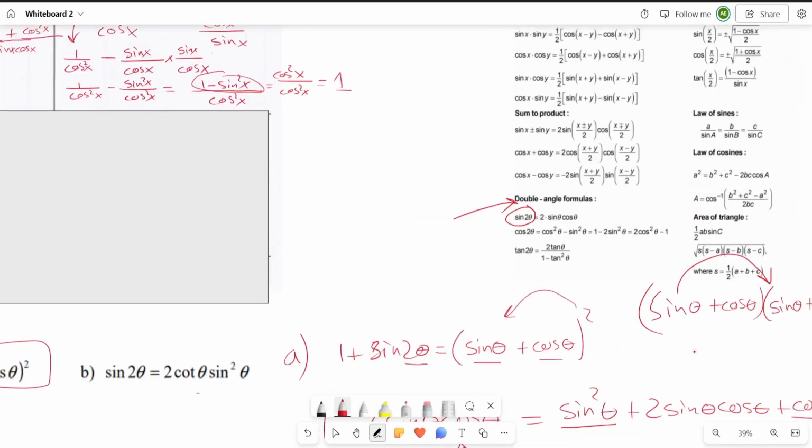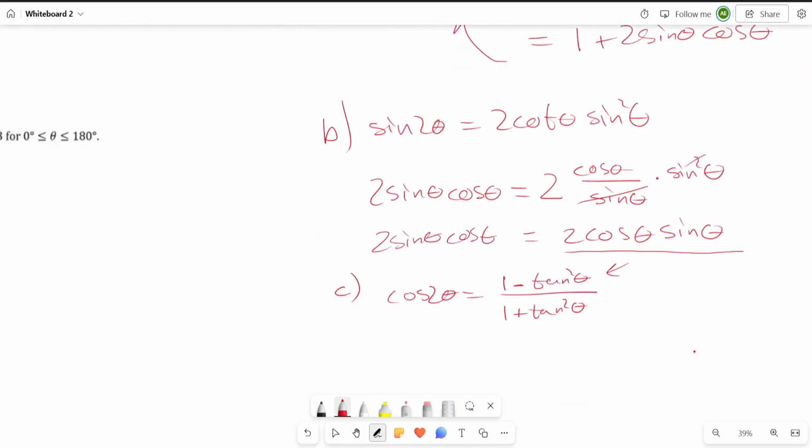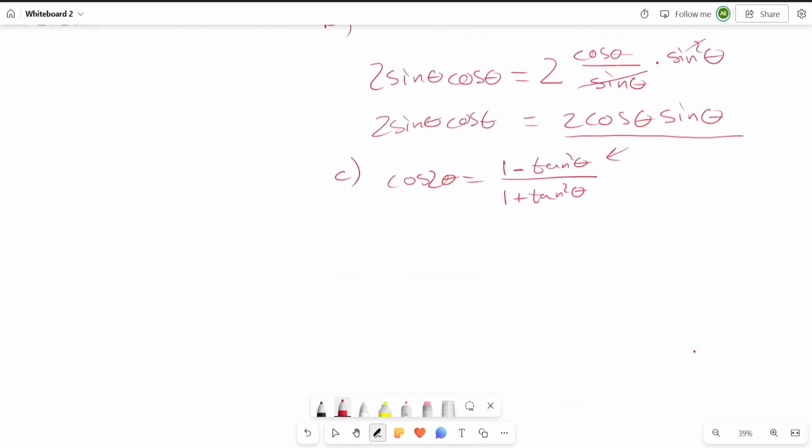So I can find that cos 2 theta is going to equal cosine squared theta minus sine squared theta. So let's replace that with cosine squared theta minus sine squared theta. Okay? And let me rewrite this fraction in terms of sine and cosine. So this is going to be 1 minus tan squared, which is basically sine over cosine all squared.